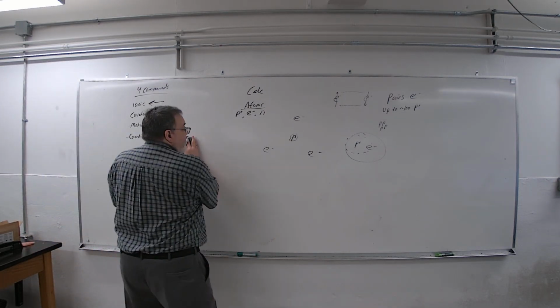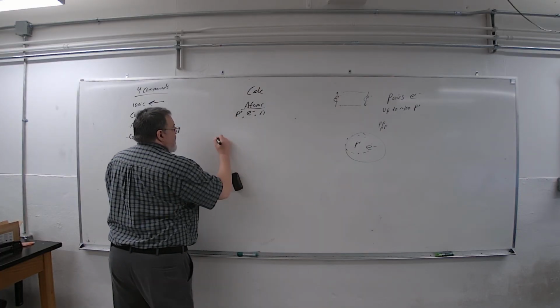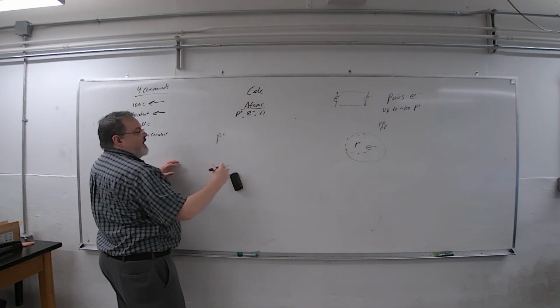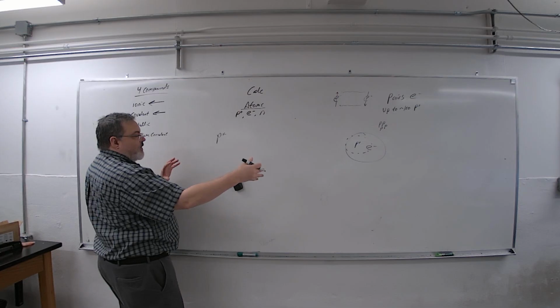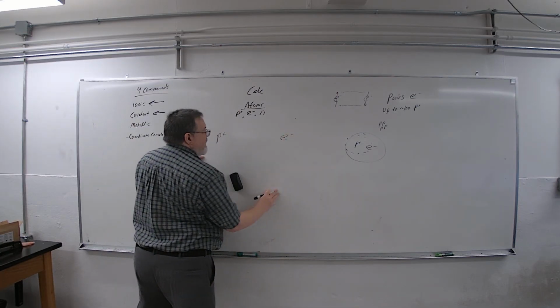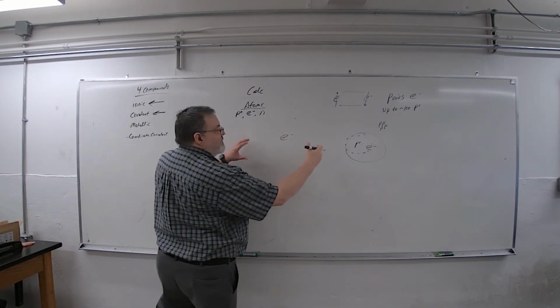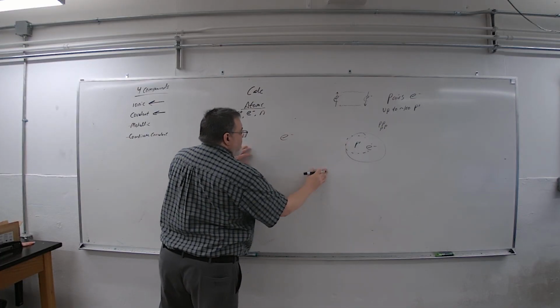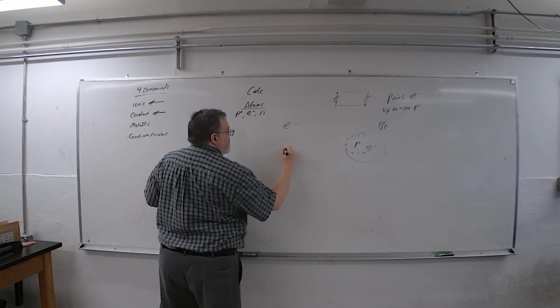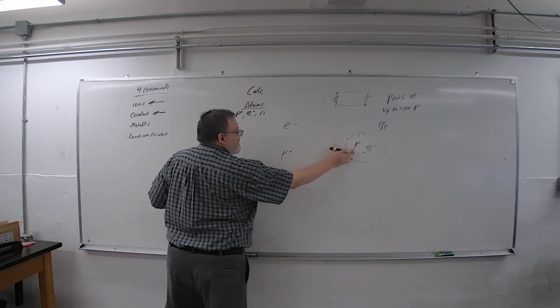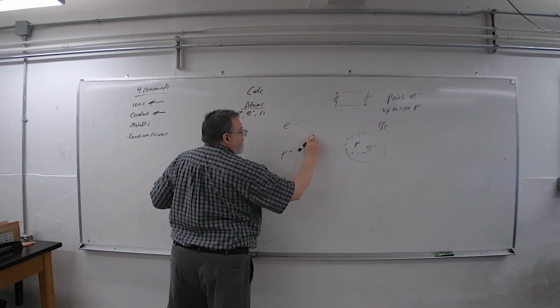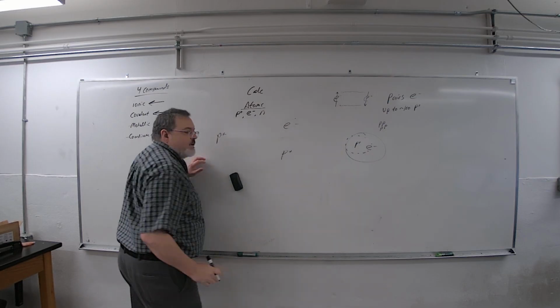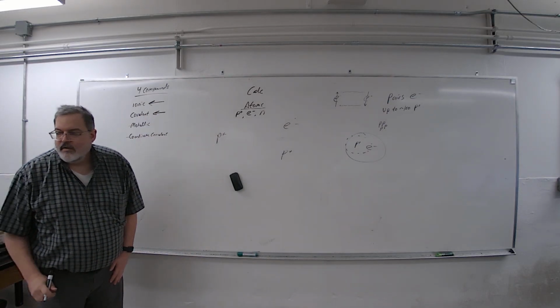So if I have this just sitting by itself, it has an attractive force to negative particles. And if I have this just sitting by itself, it has attractive force to positive particles. But once these come together and form this, now out here I can have an electron here, a proton here. This is neutral now. It doesn't attract the negative, and it doesn't attract the positive. It's just neutral. You with me?